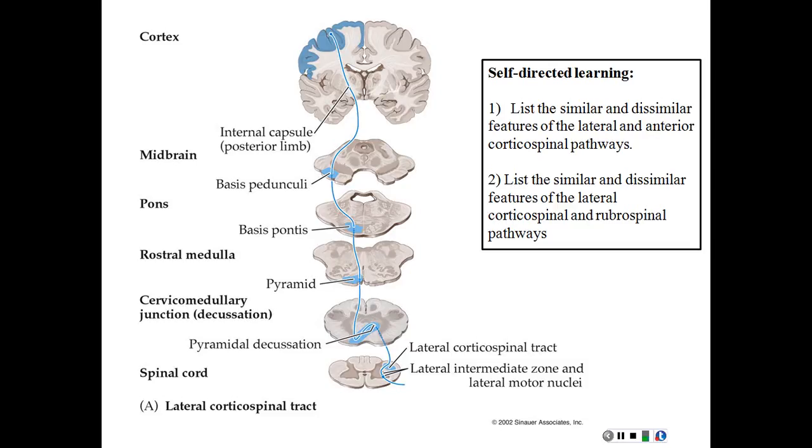So we have to recognize that those upper motor neurons residing in the primary motor cortex send their axons down to the internal capsule. We are going to see, if we do the brainstem, how they're associated to the levels of the midbrain, the pons, and the medulla. And then importantly, if we're talking about affecting precise motor activity of the hand, precise motor activity of the toes and the foot, we're talking about the lateral corticospinal pathway, the one that crosses all their axons from one side onto the other.